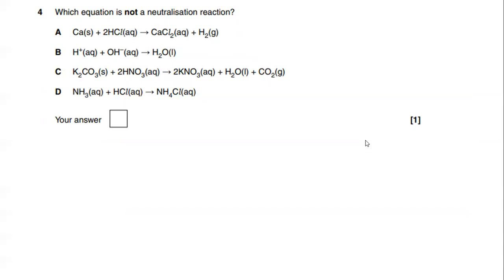Next question, which equation is not a neutralization reaction? So neutralization is when an acid reacts with a base to form a salt and sometimes water. And the one here that is not an example of a neutralization reaction is the first one, because calcium is not a base, it is a metal.